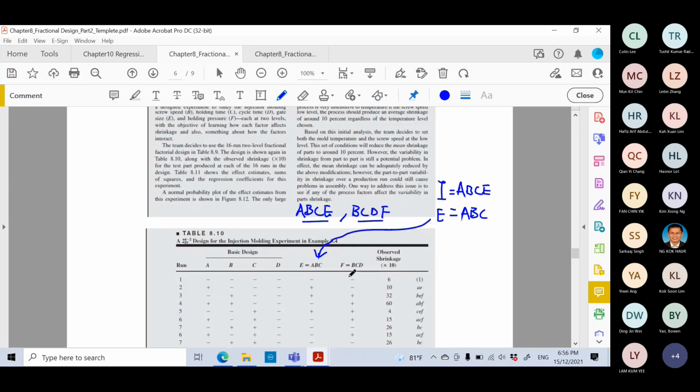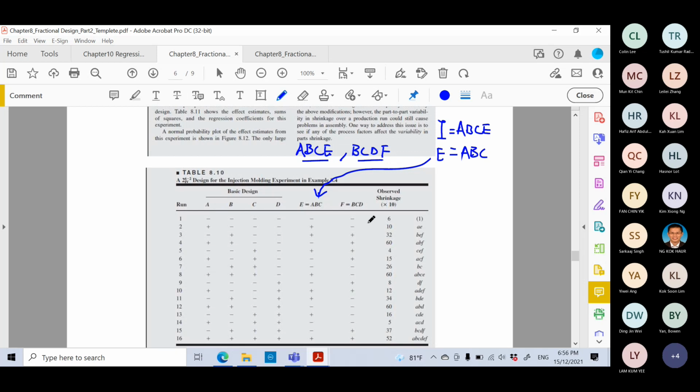So here are all the treatment combinations. You do not need to list down all the 64 treatment combinations and then consider which treatment combinations you plan to run. Okay, by using the following one, you need to list down only those treatment combinations under the principal fraction, because I consider the plus sign and the plus here.